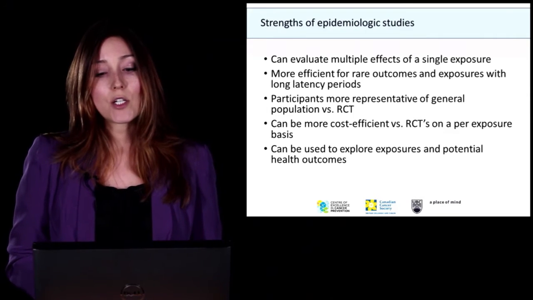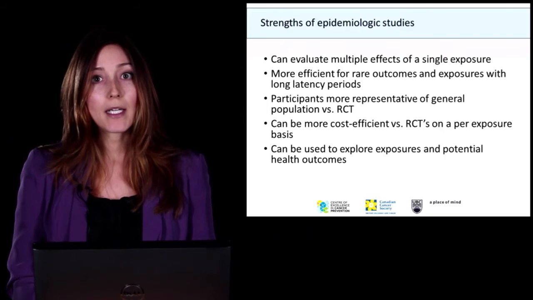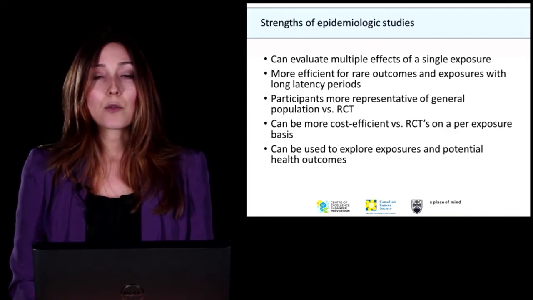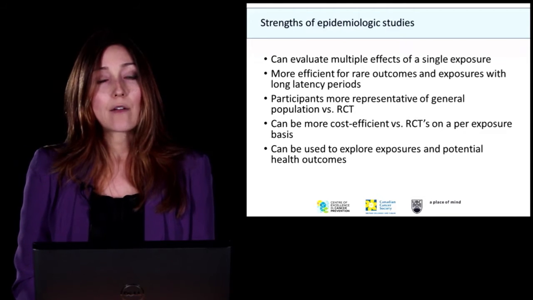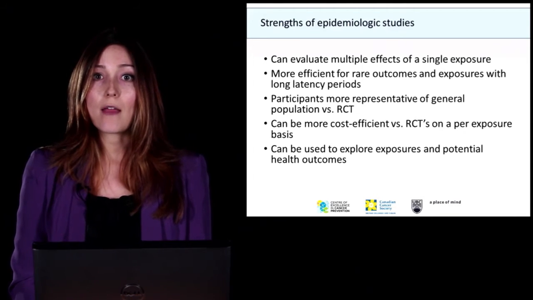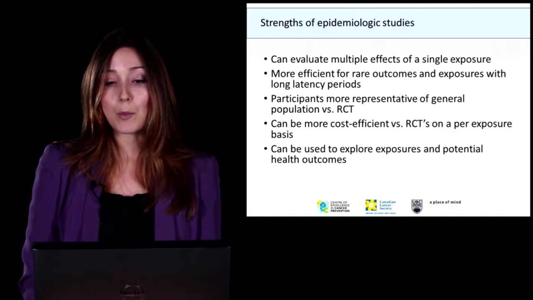Participants in epidemiologic studies tend to also be more representative of the general public than in RCTs, or randomized controlled trials. So oftentimes RCTs have very strict inclusion criteria, and that results in people who have very different characteristics than the general population.